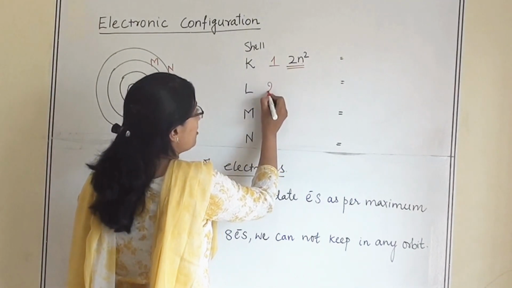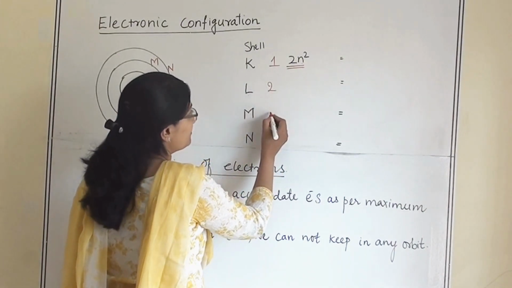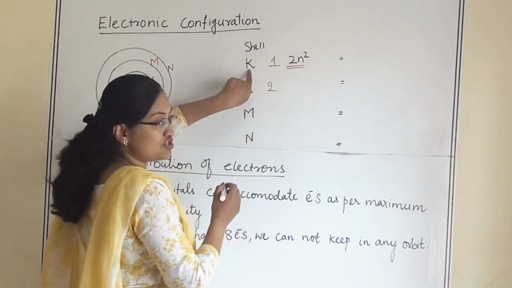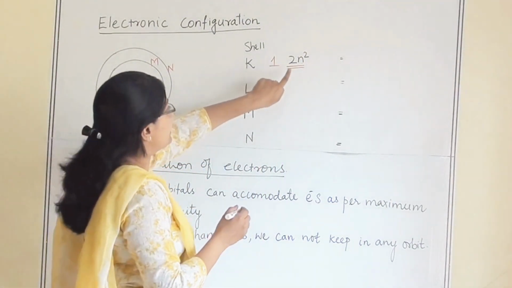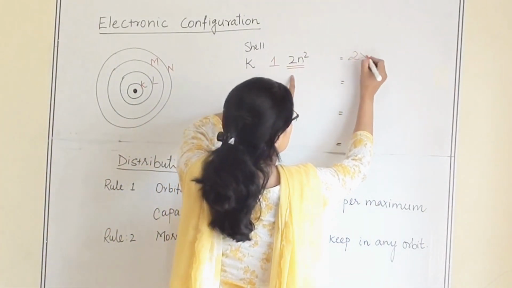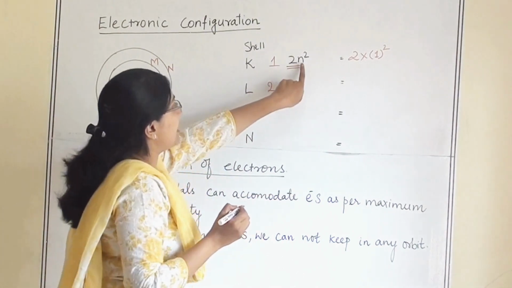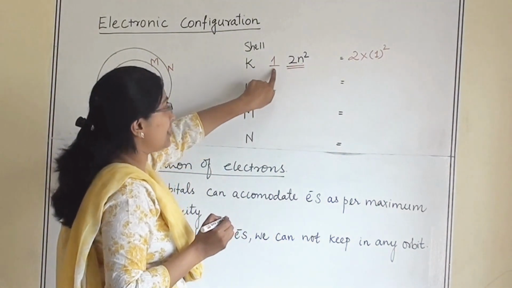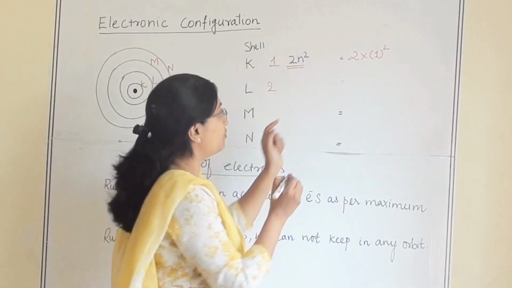When we are counting for L, we will write 2. So if we want to check how many electrons the K orbit can accommodate, we write 2 into 1 square. At the place of n, we have kept the number of the orbit. Because K is the first orbit, I have kept 1 here.